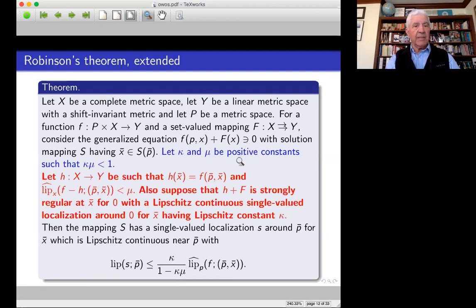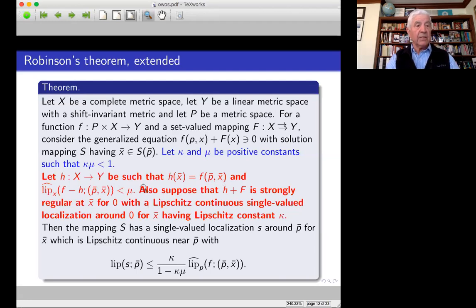And here is the statement. Suppose we have two constants, kappa and mu, that are positive, and the product of these constants is less than 1. Remember, less than 1. Then we have another function h, which acts from X to Y, such that the value of h at x bar is equal to that value here; this is technical.